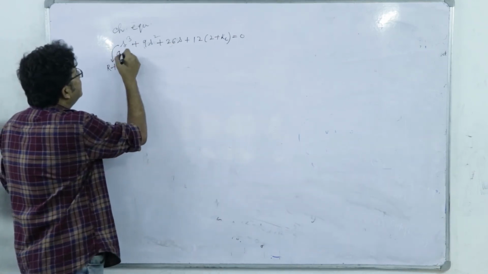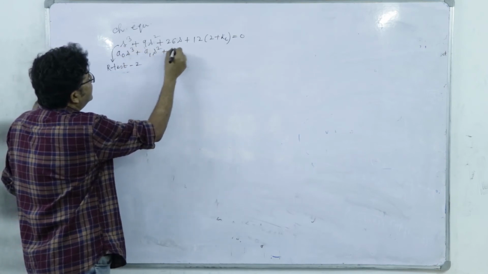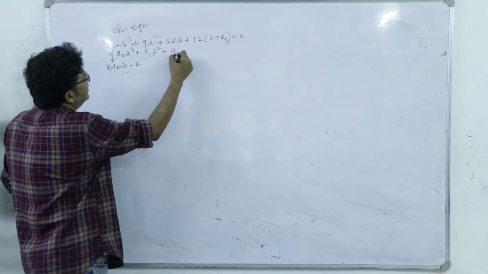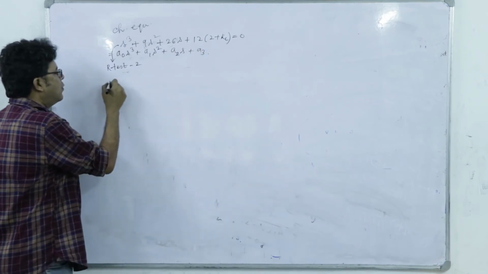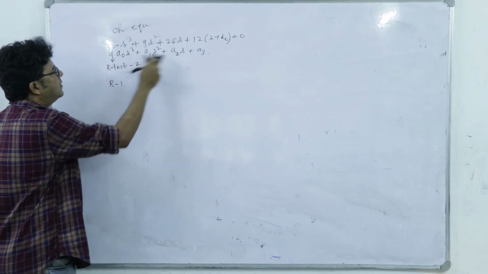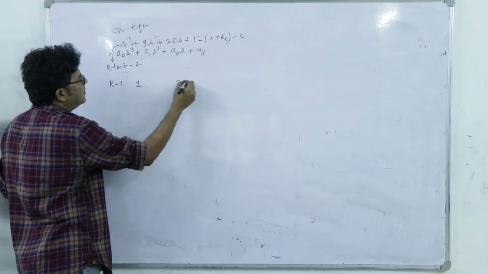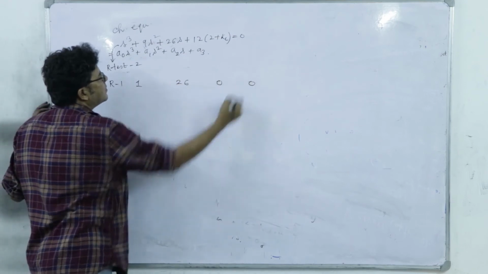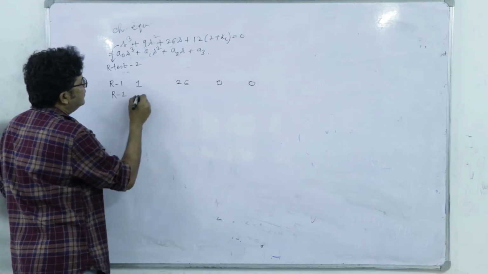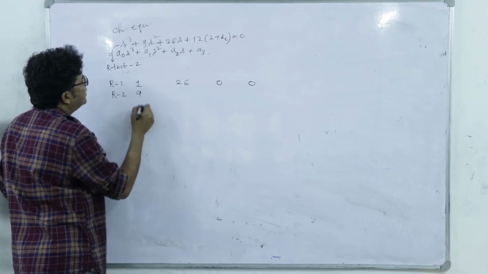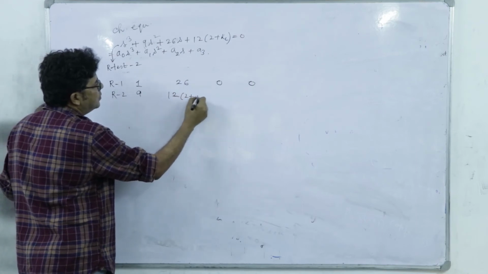It is a0 s cube plus a1 s square plus a2 s plus a3. Row 1 is a0 and a2: a0 is 1, a2 is 26, then 0. Row 2 is a1, which is 9, and a3, which is 12 into (2 plus kc).